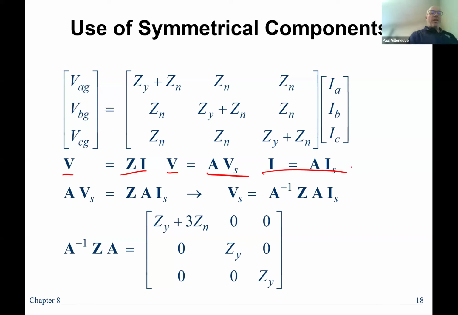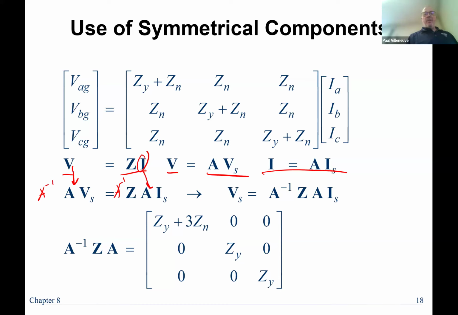So now I'm getting ready to convert those by substituting in what my symmetrical components matrix would be. It's still phase components. And then I do the same thing for my currents here, right? So I've got A times Vs equals Z times A Is. I'm trying to solve for my symmetrical components voltage, so I have to multiply both sides by the inverse of A. All right?